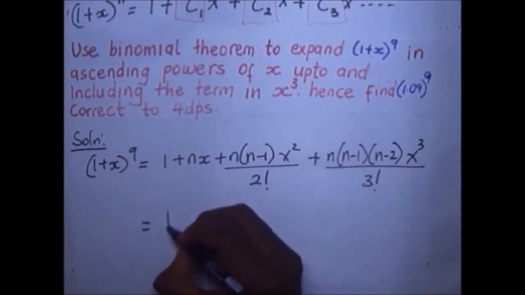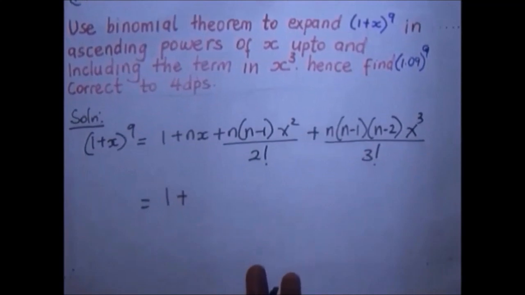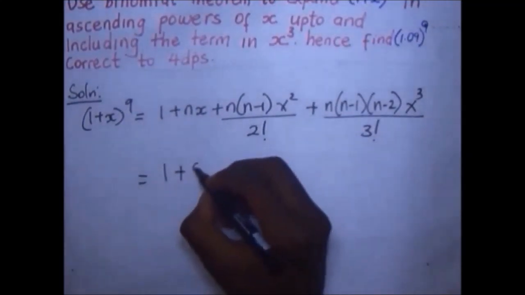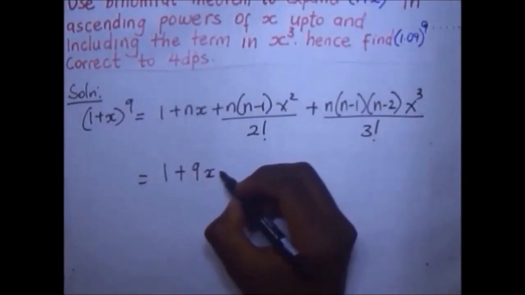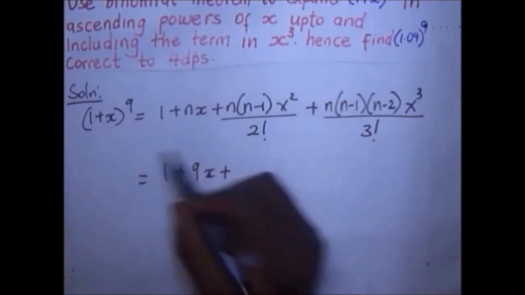So that's going to become 1 plus nx. What is the value of n here? It is 9. So it is 9 times x plus, what is n?